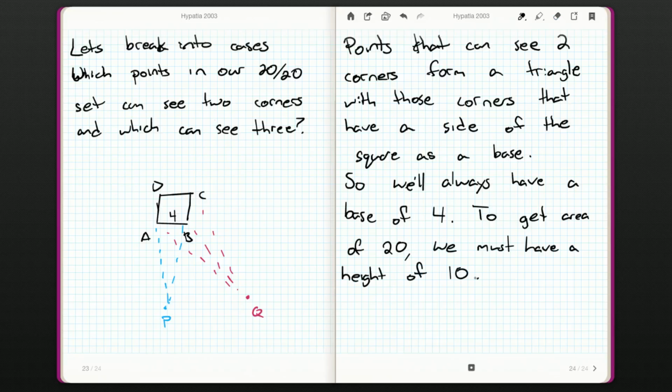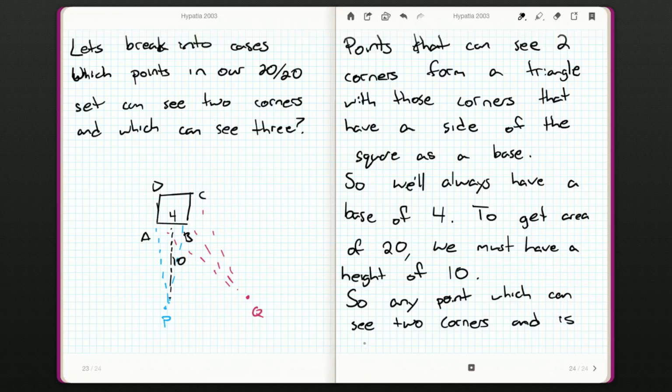We're going to have a height of 10, just like we did in part A with that original point P. So any point which can see 2 corners and is 10 units away from the square is in our 2020 set.